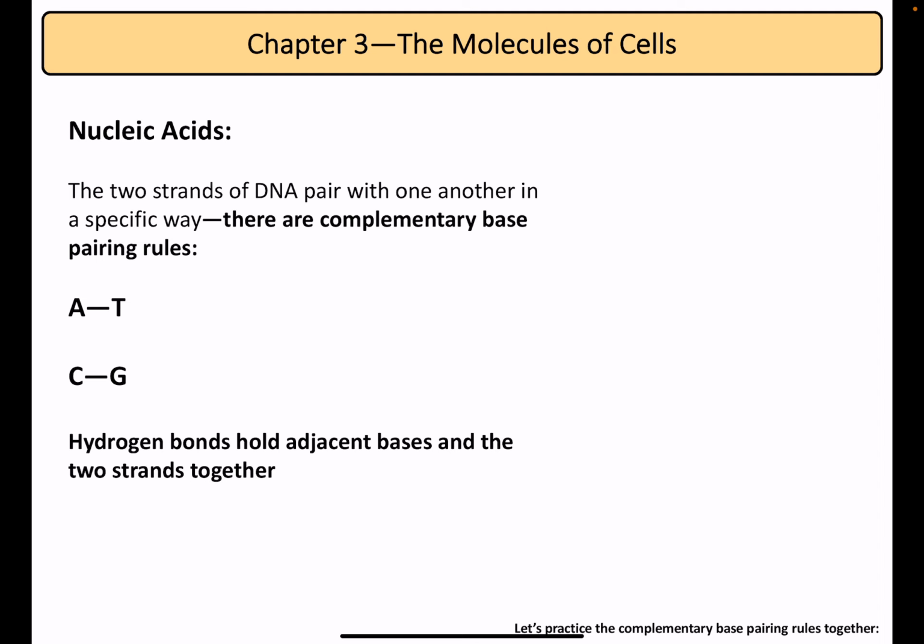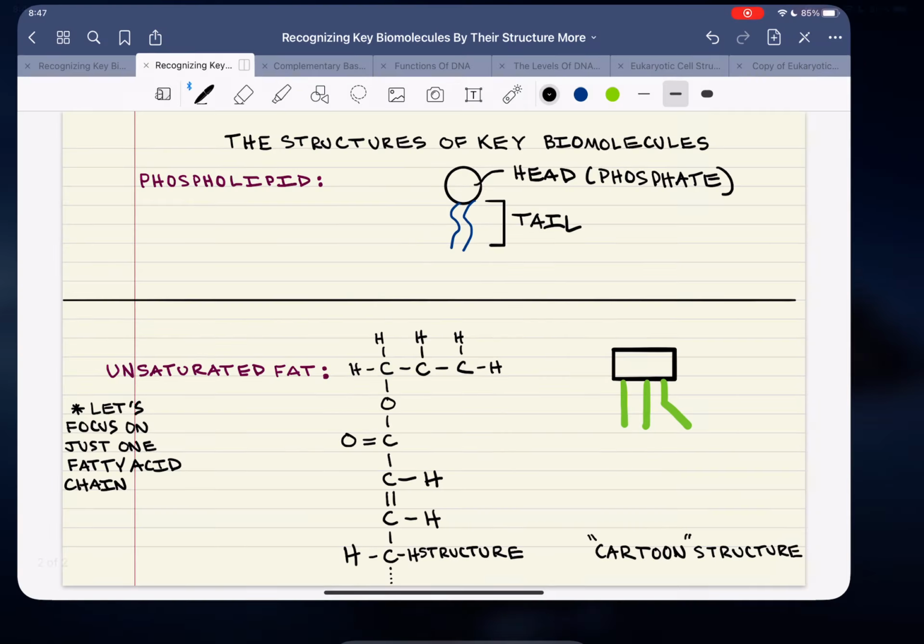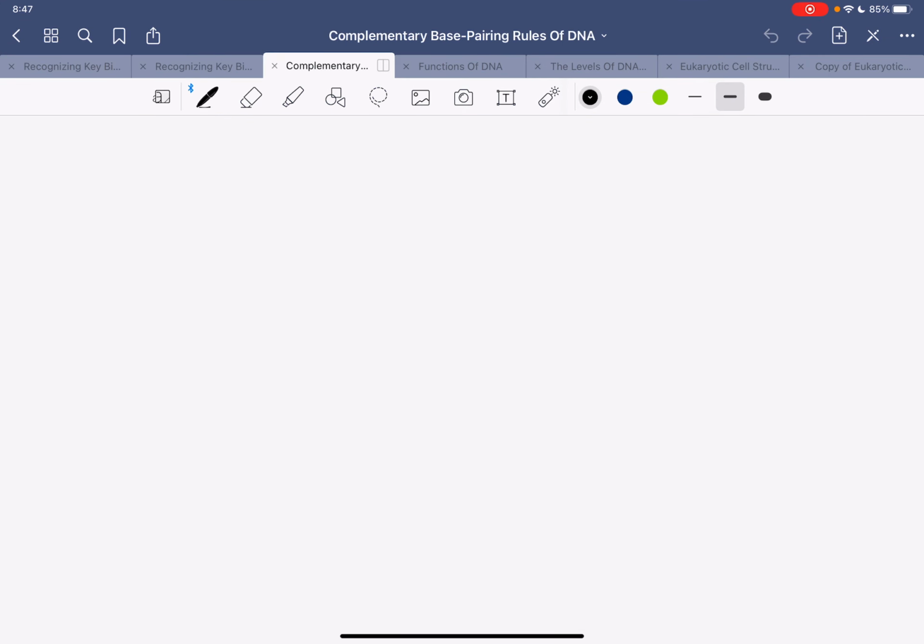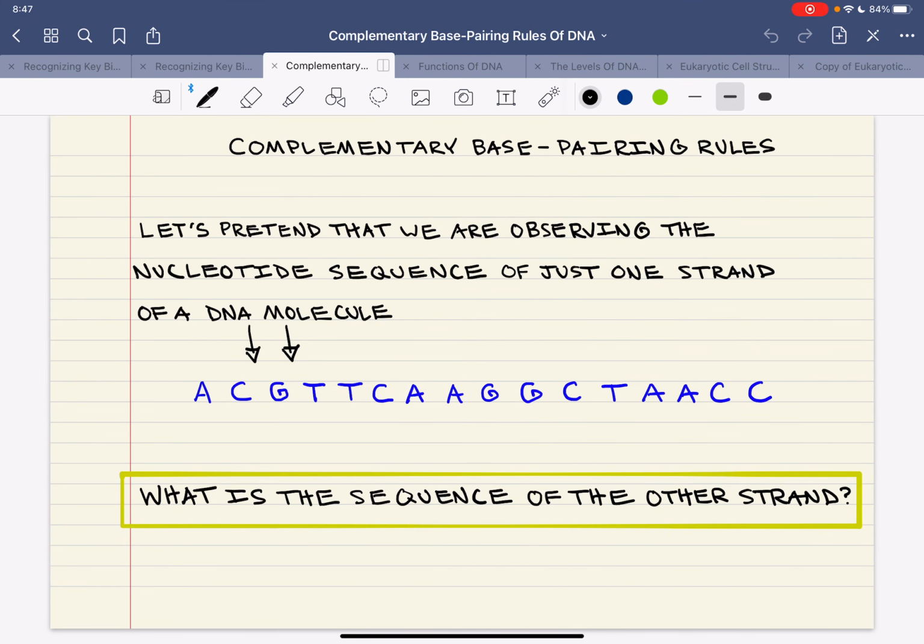And since this is so important, I want to take the time to do a practice problem with you. All right. So the problem says, let's pretend that we are observing the nucleotide sequence of just a single strand of a DNA molecule.